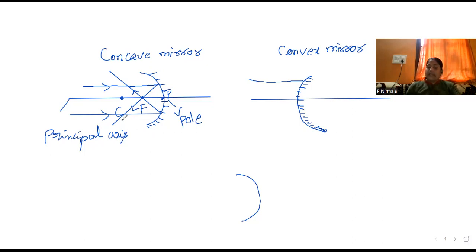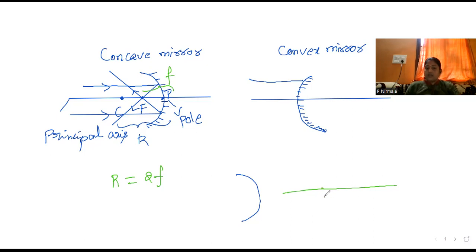From the center of curvature to the pole is the radius. The distance from the focus point to the pole is the focal length. What is the relation between the radius of curvature and the focal length? The radius of curvature is double the focal length. If you see here, I am drawing the principal axis.